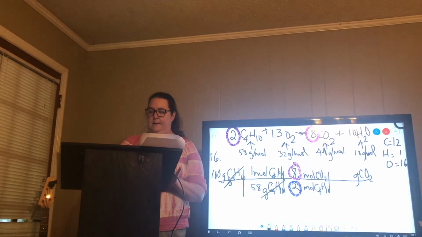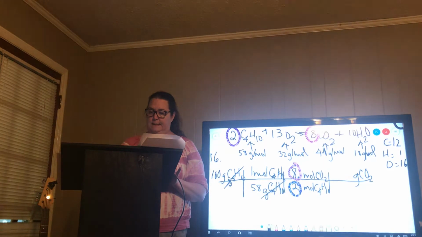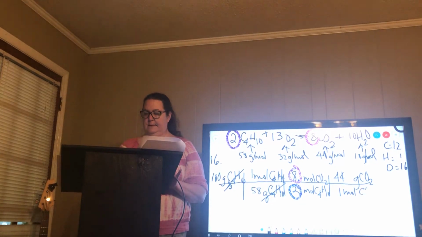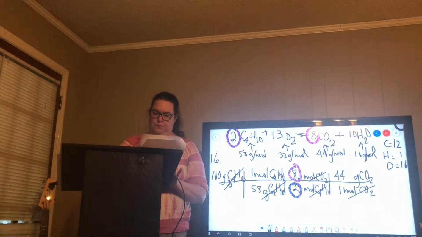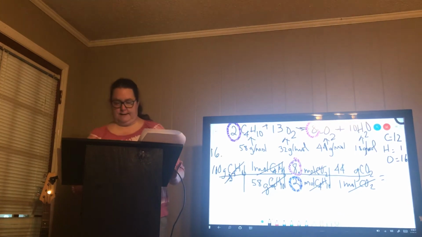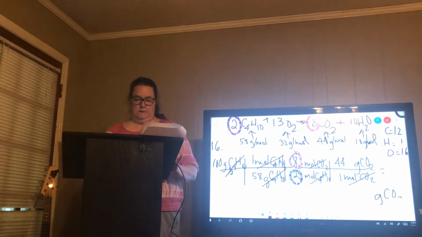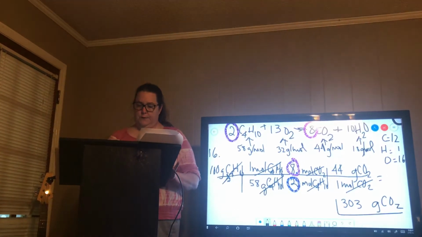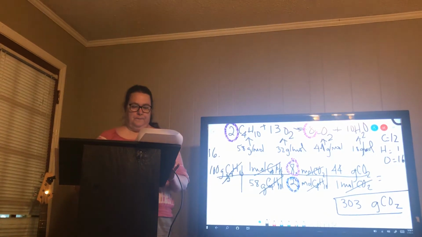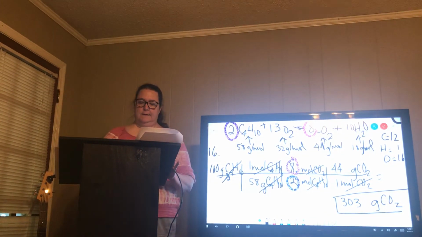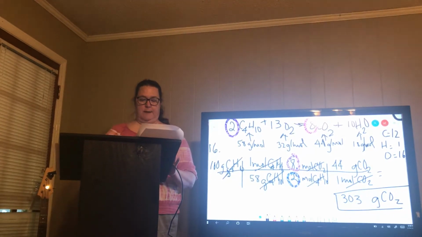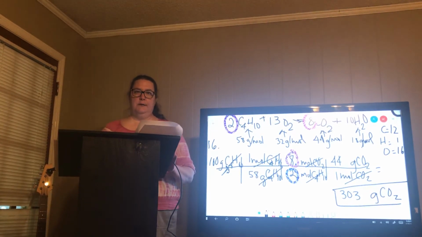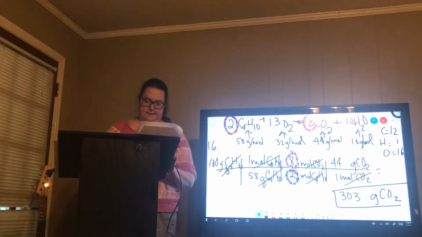Then I can use the CO2's 44 grams for every mole of CO2. The moles cancel out, so I'm left with what they want me to find, grams of CO2. In my calculator, I got 303 grams of CO2, because 8 divided by 2 is 4, so I went 100 divided by 58 times 4 times 44, and I got 303 grams of carbon dioxide.